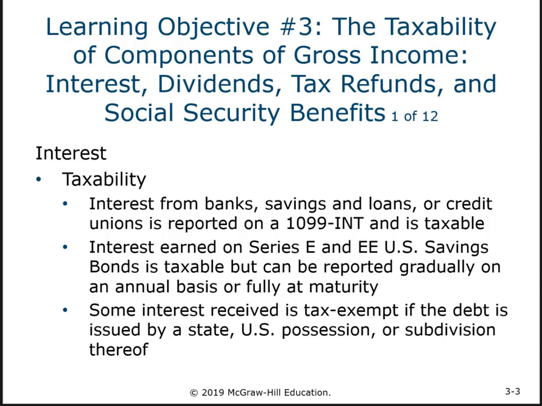Okay, so it still has a place on the tax return, but it's not included in gross income on the tax return. And that is debt interest paid by a state, county, city, school district, any of those, typically a governmental entity that is not the federal government.